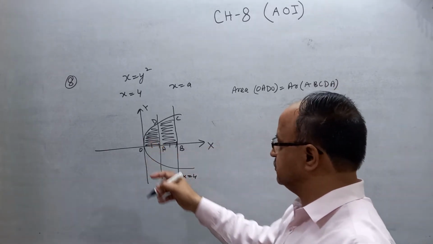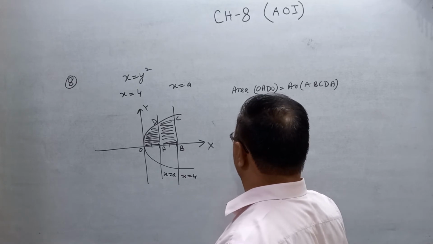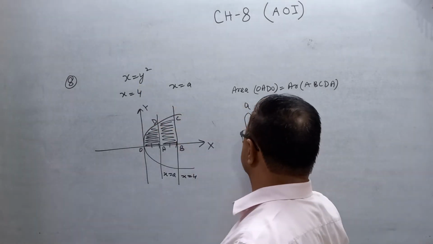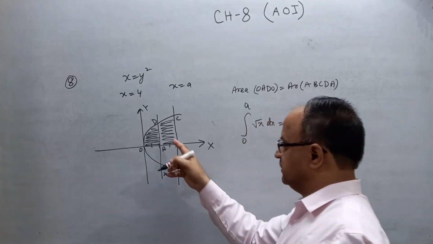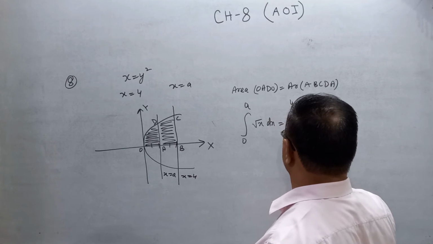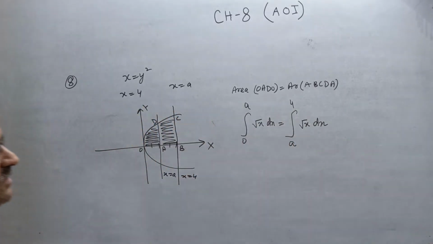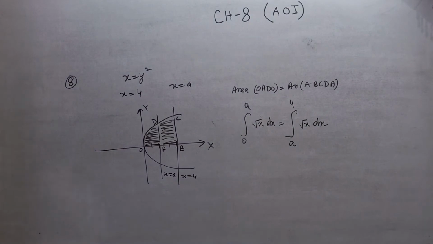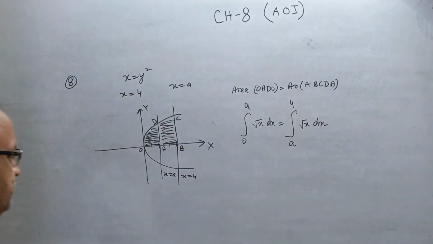As the limit of this portion 0 to a, and what is the value of y from here? Root x dx. And the limit for this portion, that is a to 4, root x dx. Here, for the simple question, integration of x root x, you know, x to the power 3 by 2 upon 3 by 2, then put the value.